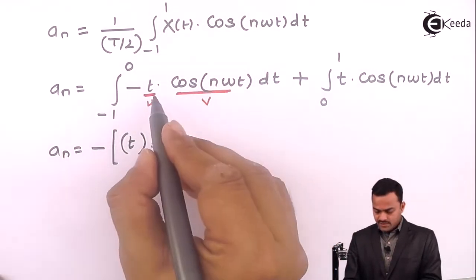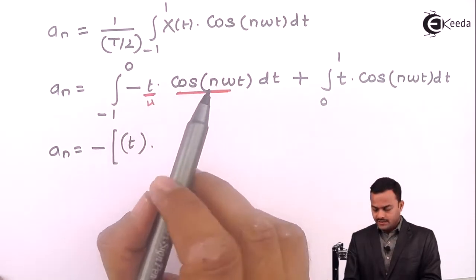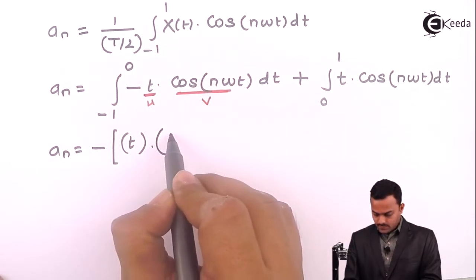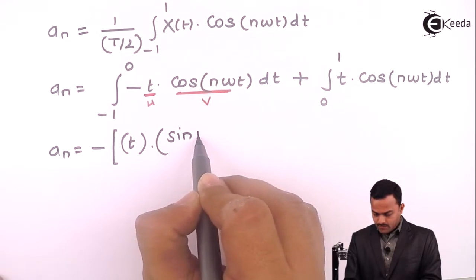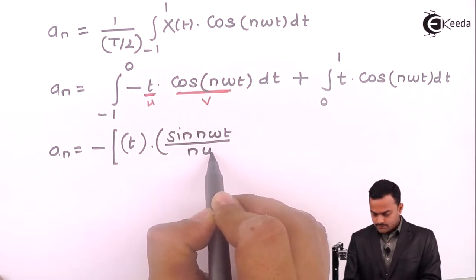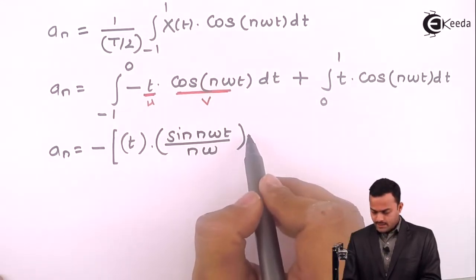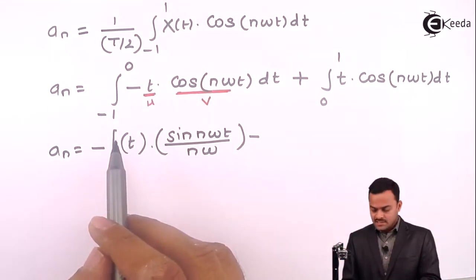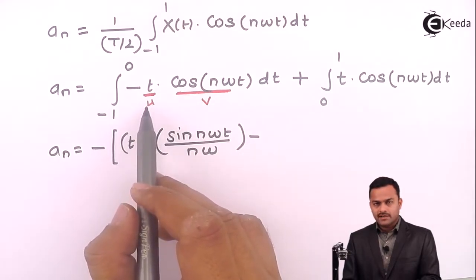So that first term will be as it is, integration of this will be sine n omega t upon n omega, minus, we have to keep differentiating u till we are getting a 0.